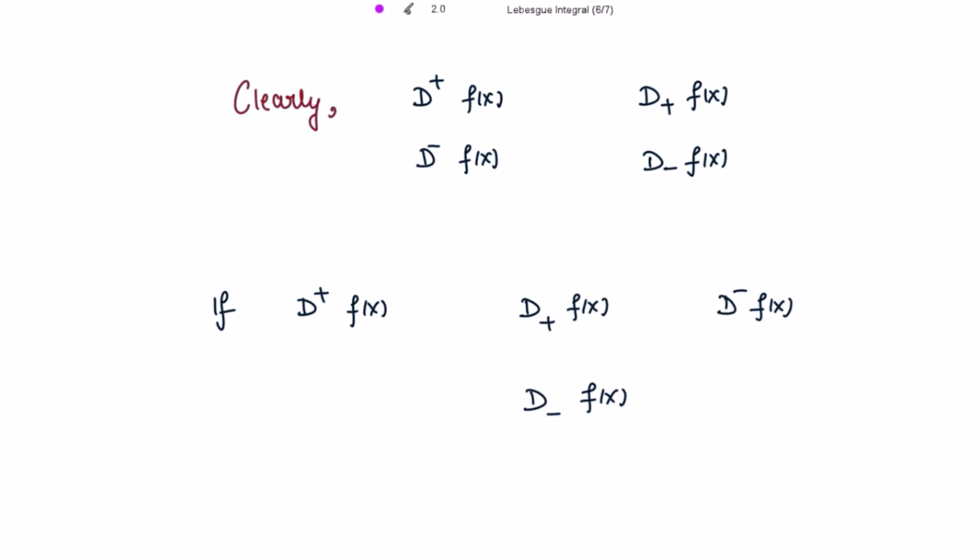So clearly D plus at the top for f(x) is always greater than or equal to D plus at the bottom for f(x), and D minus at the top for f(x) is also greater than or equal to D minus at the bottom for f(x). And if all these are equal and give a finite limit, then we say that f is differentiable at x.